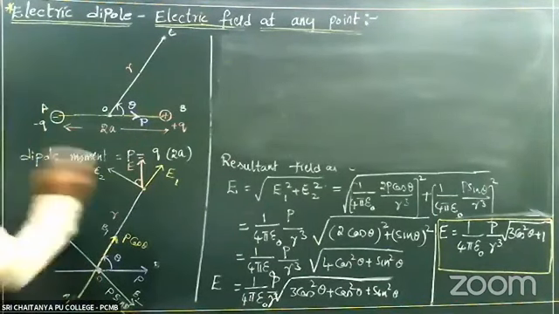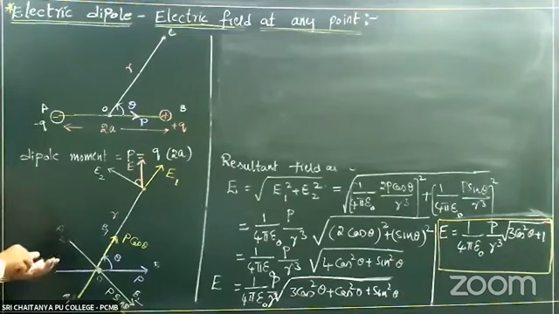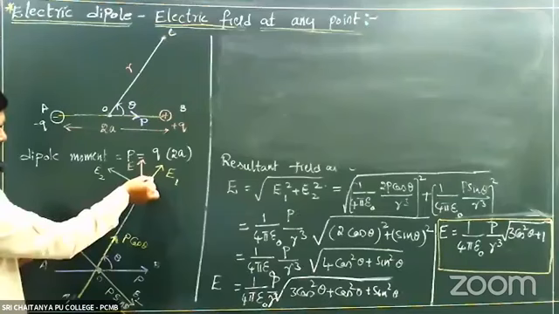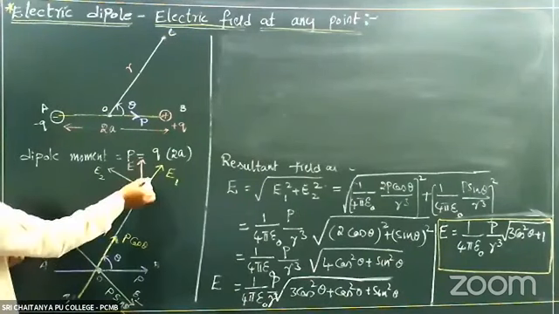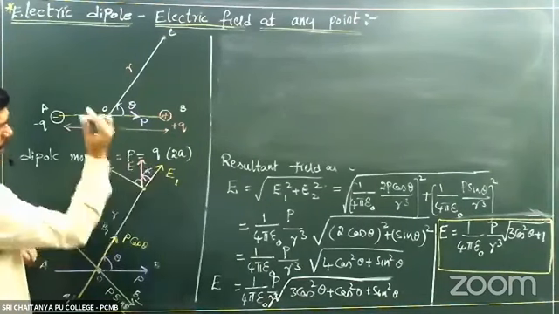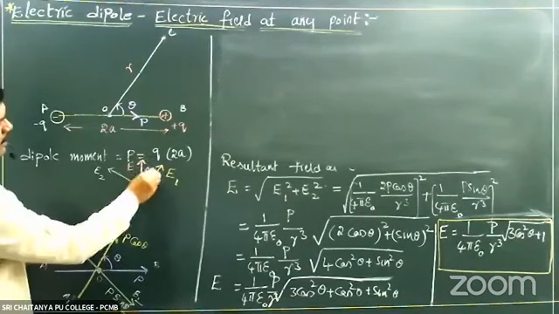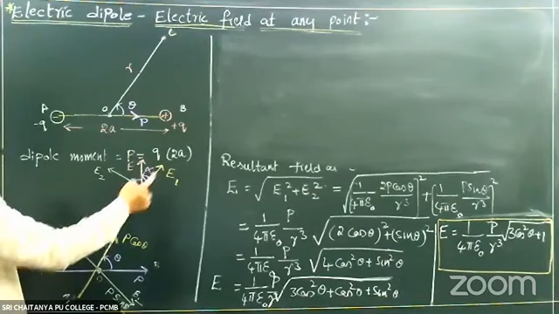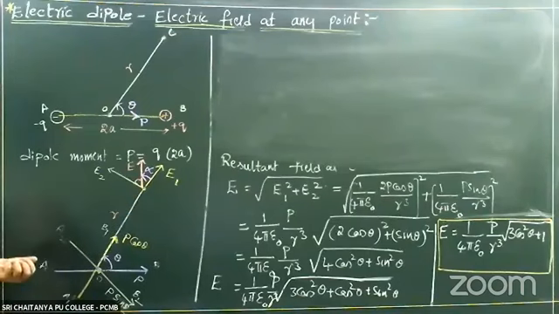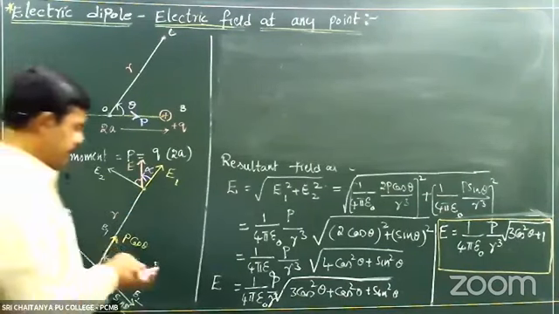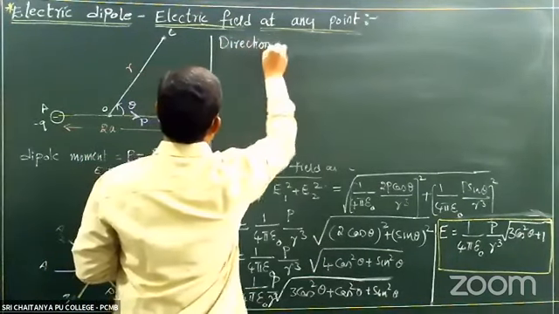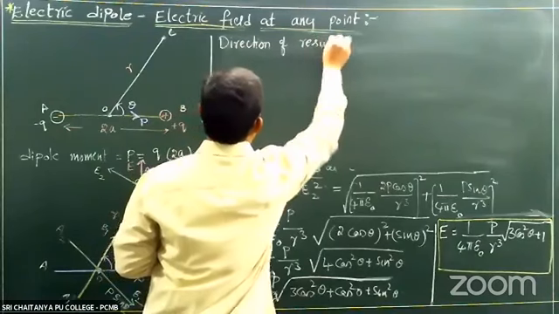Next on this, what question they ask? In previous entrance, what they asked is, what is the direction of this resultant? Let this is the resultant E. Let it is making an angle alpha with this E1. With E1, it is making an angle alpha, right? Direction of resultant.